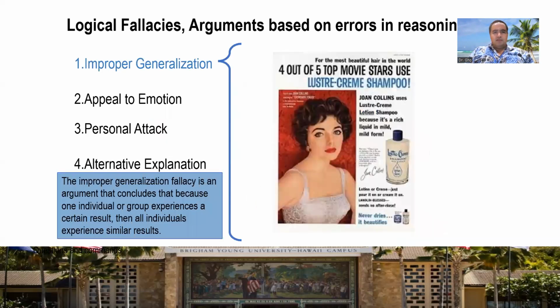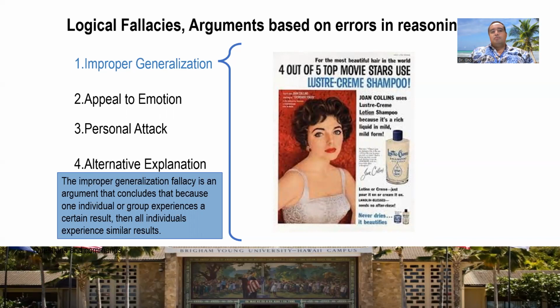We've got some examples of them. Here's one. Improper generalization. Here's an advertisement from a long time ago. It says 4 out of the top 5 movie stars use Luster Cream shampoo. Joan Collins uses Luster Cream lotion shampoo because it's a rich liquid in a mild form.